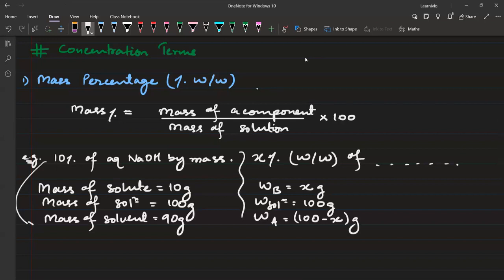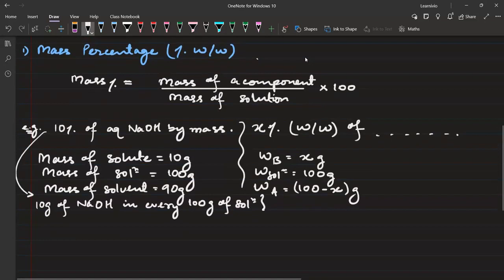Write also one more line with me. Okay, this 10% aqueous NaOH will also mean 10 gram of NaOH in every 100 gram of solution. Okay, this is also one of the meanings. And from here, write a question.